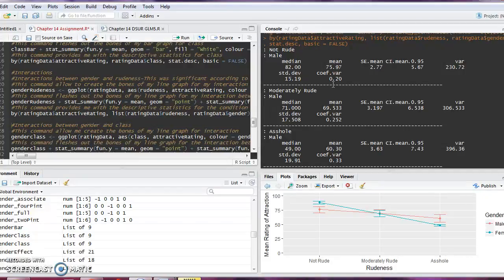So just looking at that really quickly, we see that for those who are not rude, you have 75.97, so 76, 69.5, so 70, and then for assholes, it's 60.3.